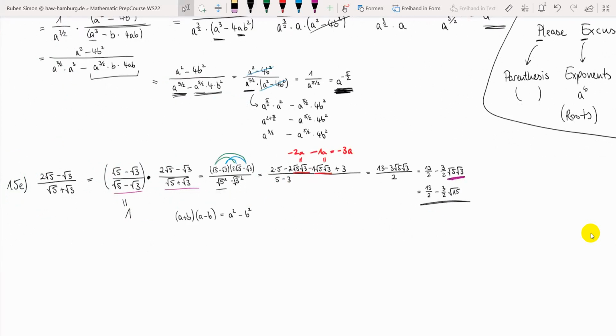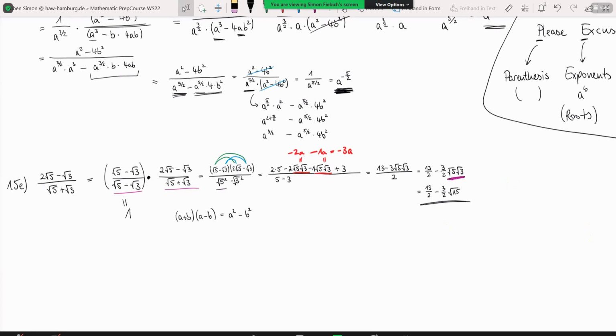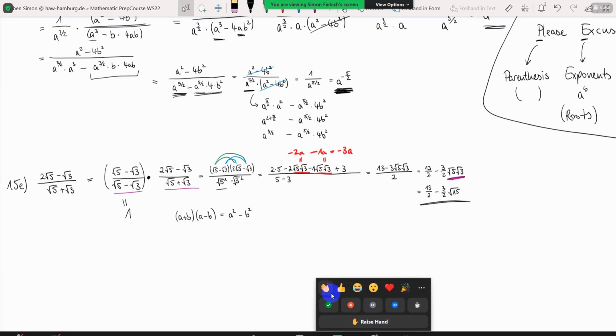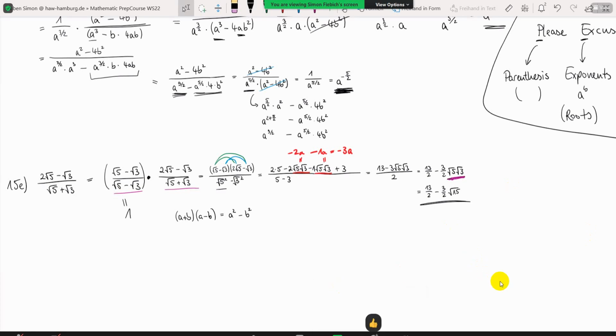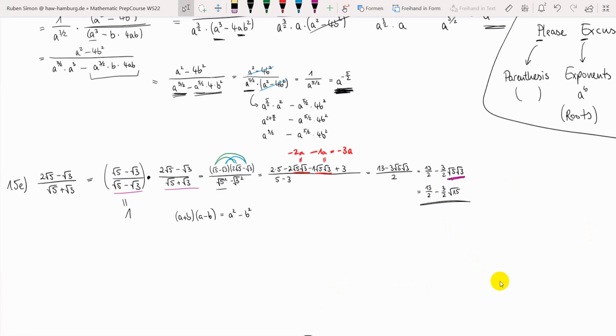I can see a thumbs up reaction. Yes, thank you. Is there any other request for any other task from the task sheet? Maybe also D from 15. Yes, 15D, all right.